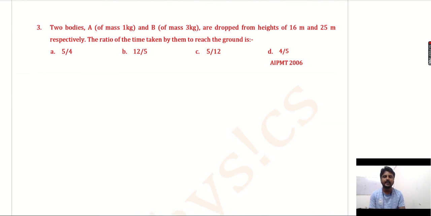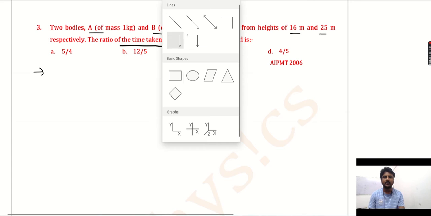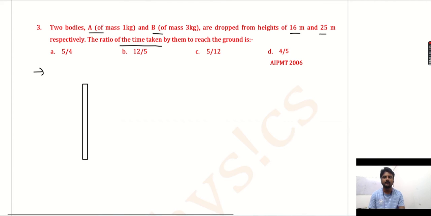Two bodies A and B of different mass are dropped from heights of 16 meter and 25 meter respectively. The ratio of time taken by them to reach the ground is. See, again there are two bodies dropped from different heights. Let's say this height is h. We'll derive the formula first and then we'll solve the question. Let's say we are dropping a body from height h.